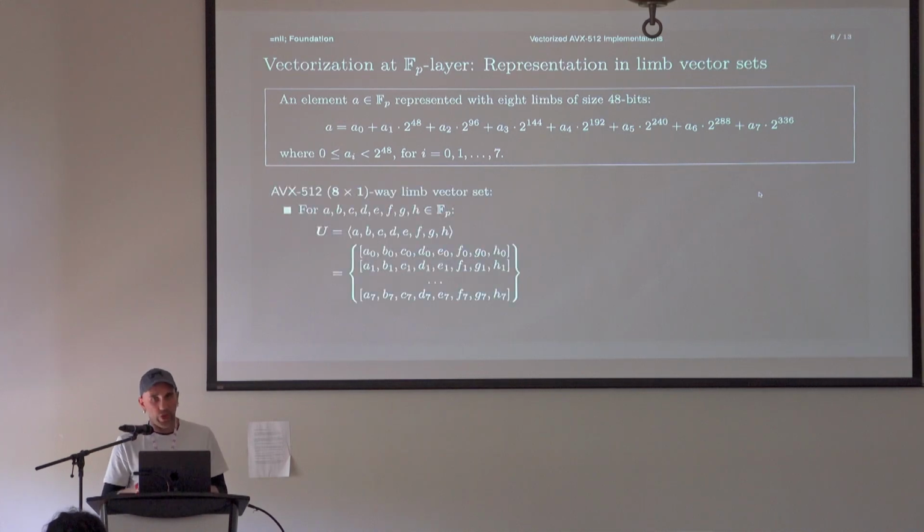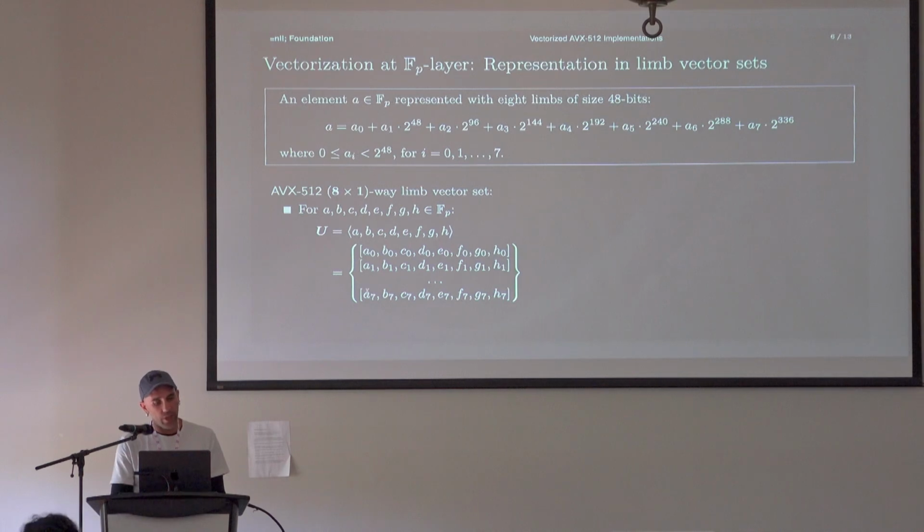And in the case of vectorization, we're working with what we call limb vector sets instead of integers. So we can represent 8 integers over fp using an array representation. What it means is we can construct an array where each column of the array contains all limbs corresponding to an integer.